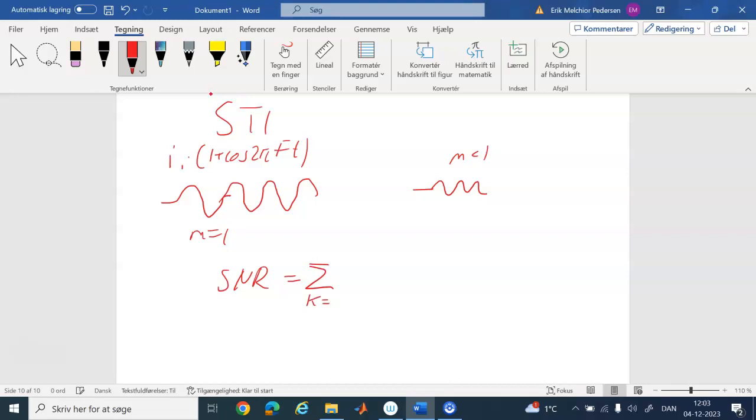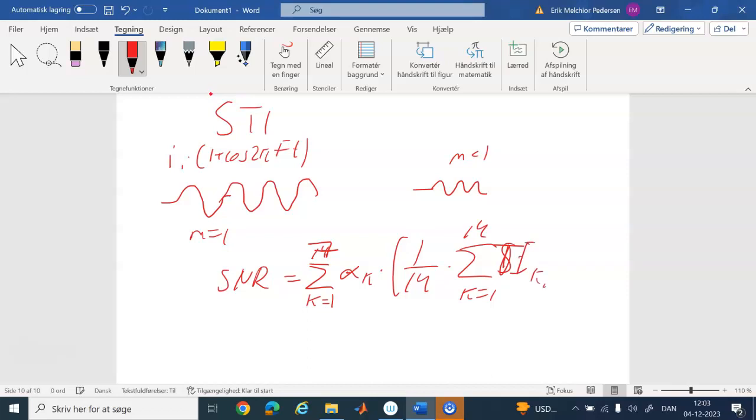It turns out that the SNR in total can be a sum over all the octave frequencies from 1 to 7, I think, times a weighting factor, times the average over the transfer index TI.